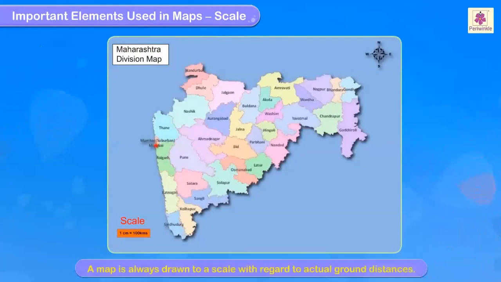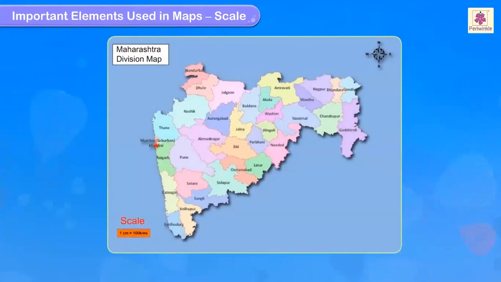Important elements used in maps. Scale. A map is always drawn to a scale with regard to actual ground distances. For example, in the scale given in this map, 1 centimeter is equal to 100 kilometers on the actual ground.